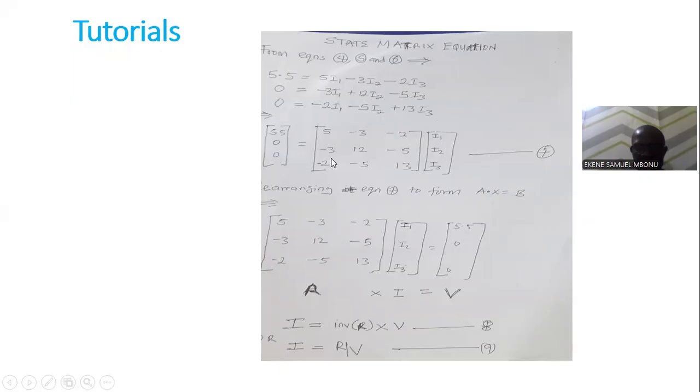Now, this is the state equation. This is the state matrix. This is our voltage.